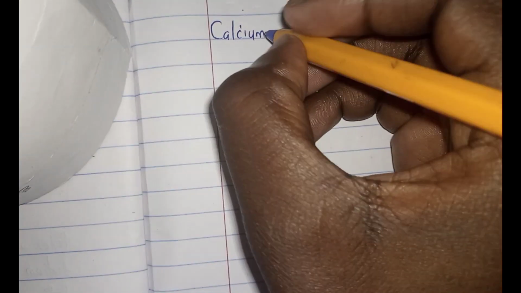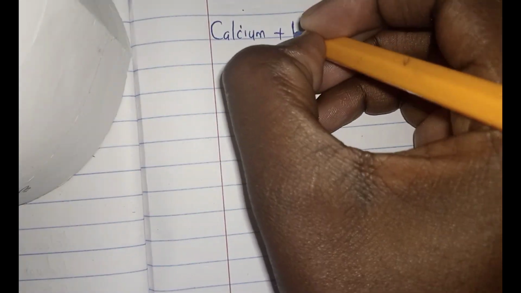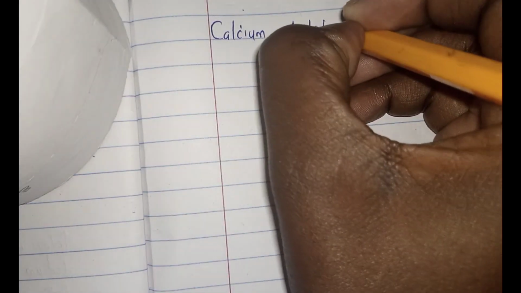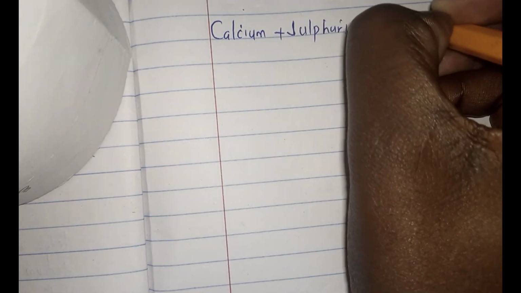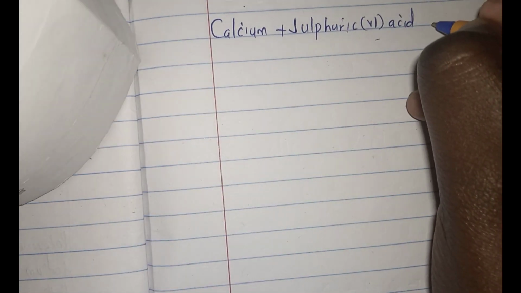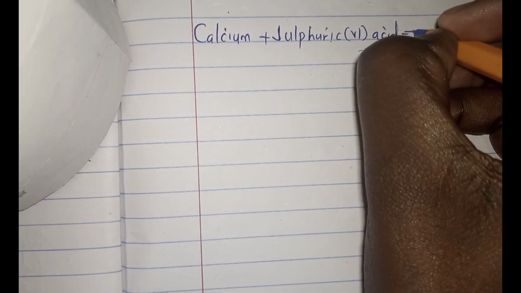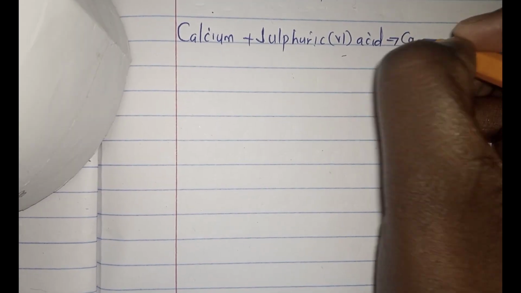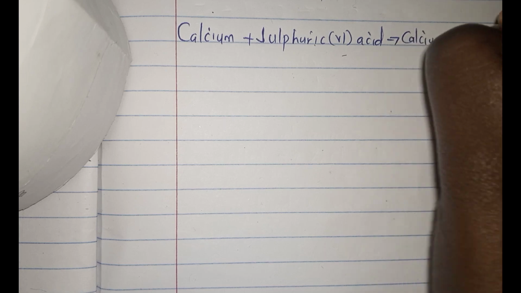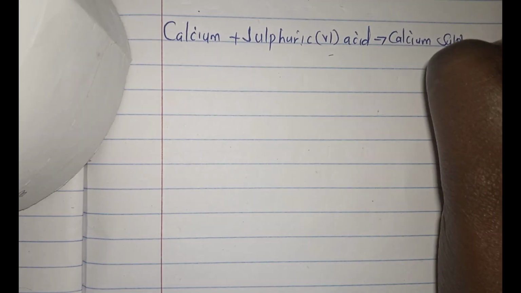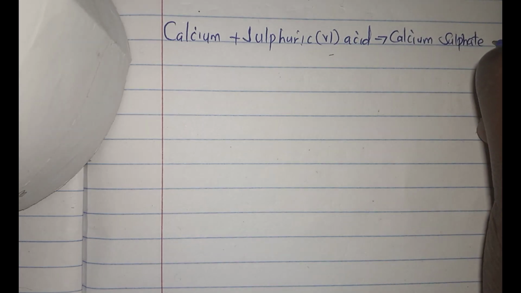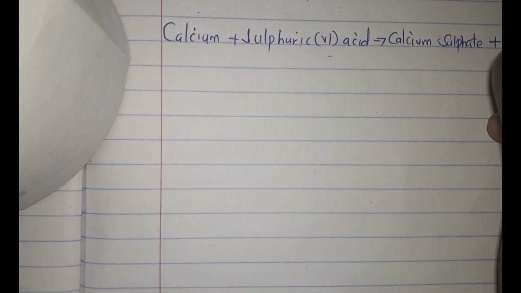So calcium plus dilute sulfuric acid forms a salt, and the salt is calcium sulfate, which is insoluble, remember, plus hydrogen gas.